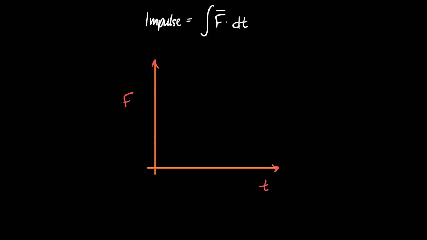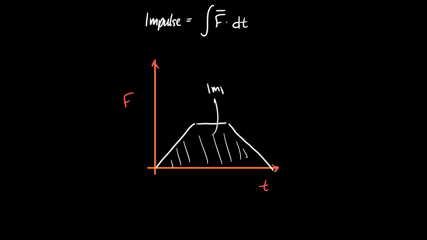For example, if I plot force versus time, and I have a situation like this, where the force increases, stays the same, and then decreases, the force is changing, so I clearly couldn't figure out the impulse without using calculus unless I recognize that the area under this curve is going to be the product of force and time. That suggests that the area of this graph is impulse. So if the object's mass doesn't change, I can tell you how fast it's going due to a more complicated force.